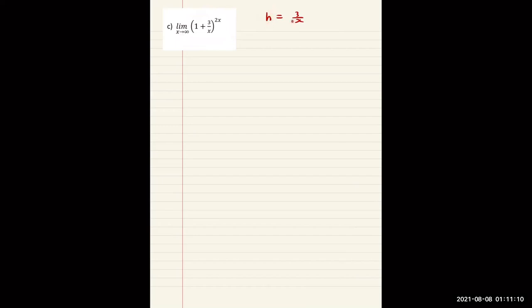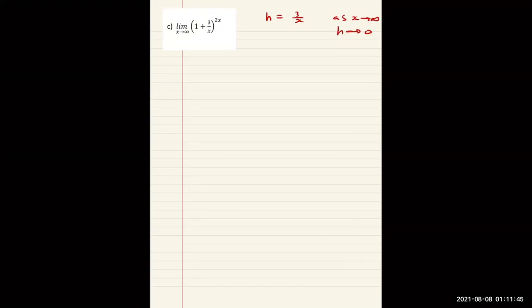Notice that as x approaches infinity, h approaches 0, right? Is it clear? As x approaches infinity, this takes the form 3 over infinity, which is 0. Of course, 1 over infinity is 0, and so this is also 0. So that means as x approaches infinity, your h approaches 0.